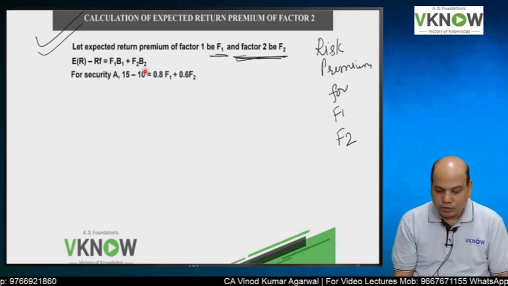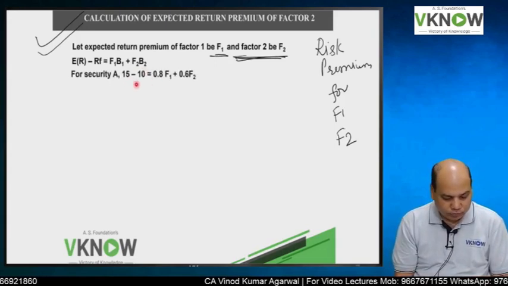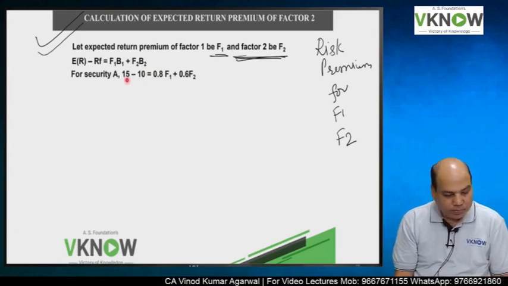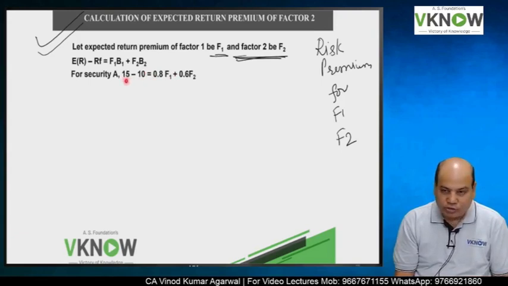After that, you write down for security A, 15% is the expected return. Can you see it in the third line of the table?